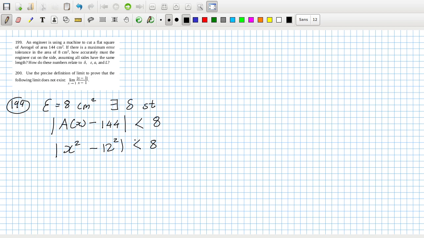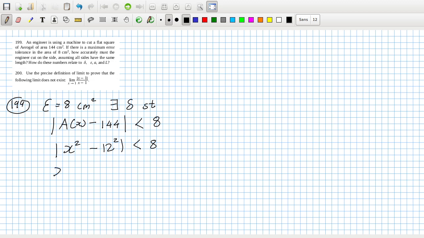So let's stop this. Because x could be a little less than 12 or a little more than 12. I don't really want to square both sides.